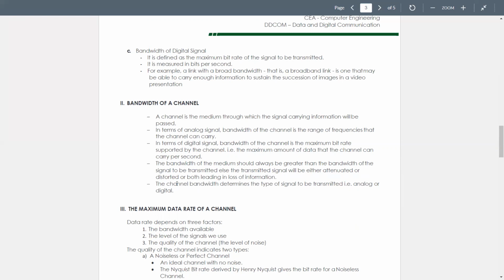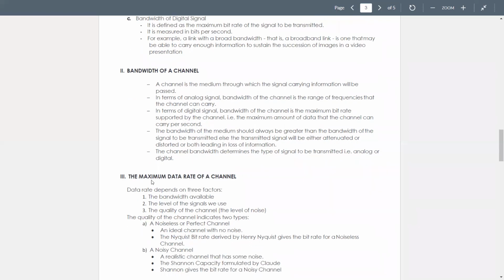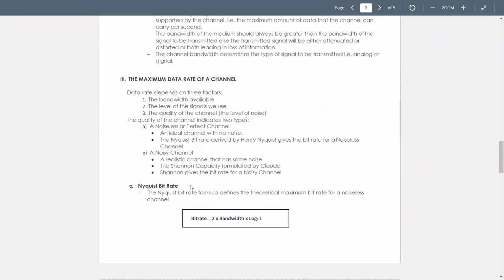The speed will be affected because if the bandwidth of your channel is low, of course only a little information can pass through. If only a little can pass, the transmission takes longer. So that is the bandwidth of the channel. Actually, this is the data rate.